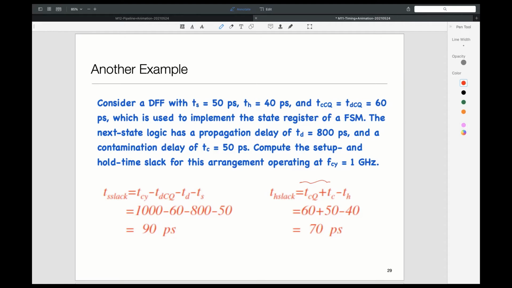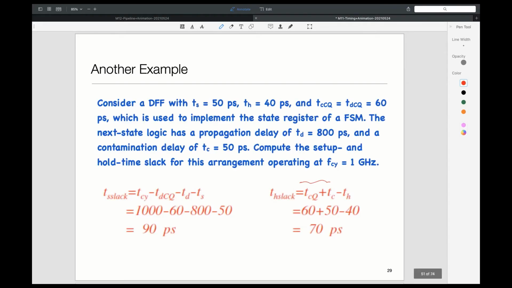I'm writing these things as, setup time is 50 picoseconds and so on, but these are just estimates coming from some modeling of the design and simulations. They themselves have margins of error. So you always try to keep some safety margin in your design, so that even in the face of uncertainties you didn't account for, your design would still continue to work.